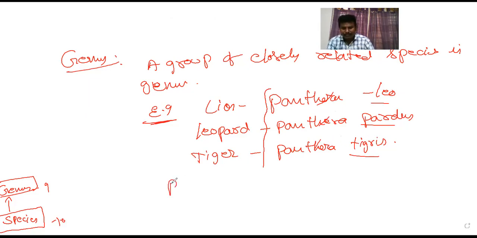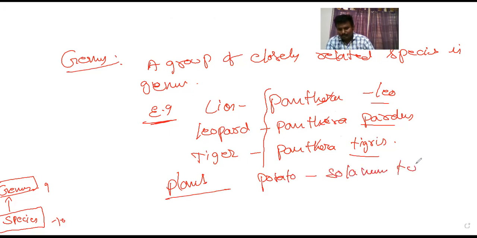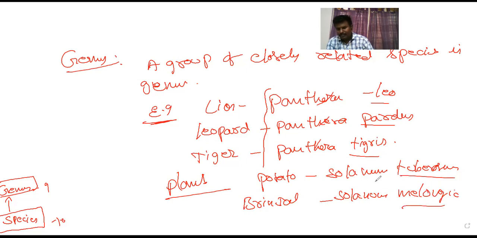Similarly, in plants, the scientific name of potato is Solanum tuberosum. Next, the scientific name of brinjal is Solanum melongena. Here, the species is different, but the genus name is the same.